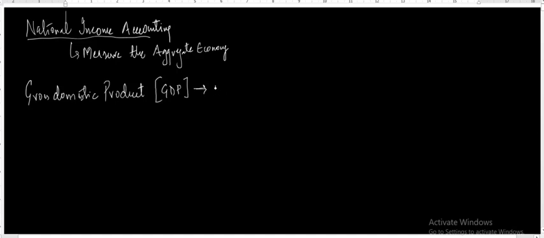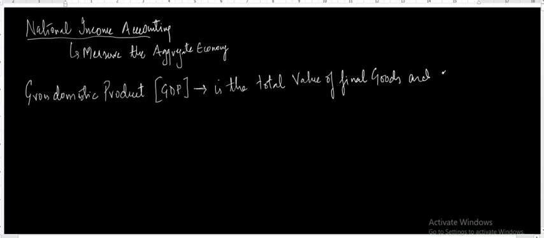So now GDP is the total value of final goods and services produced in an economy in one period, or in a 1 year period.